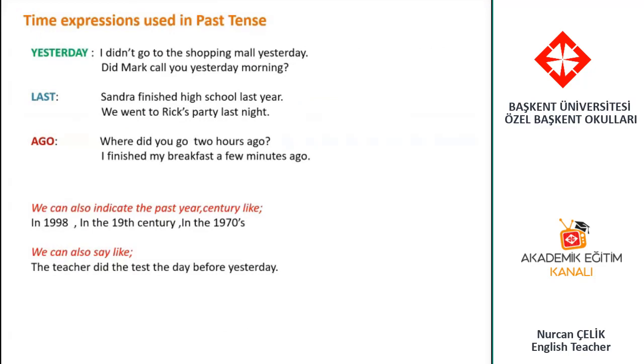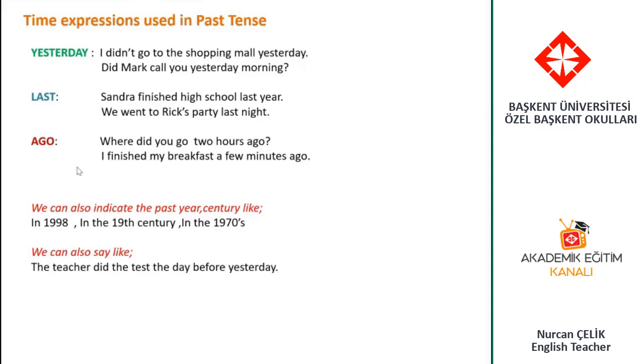When we talk about past tense activities or sentences in the past, we use some time expressions. Some of these and mostly used time expressions are yesterday, last, ago. And also we can use for today.